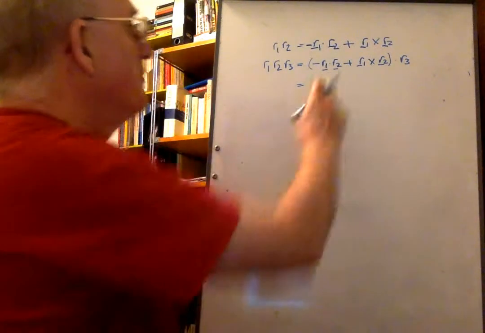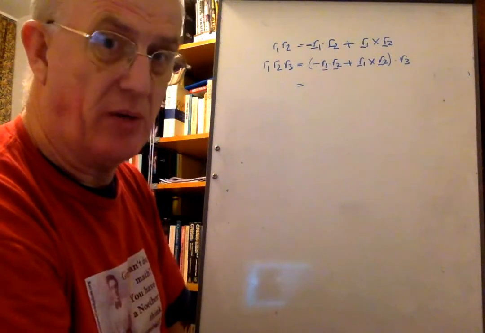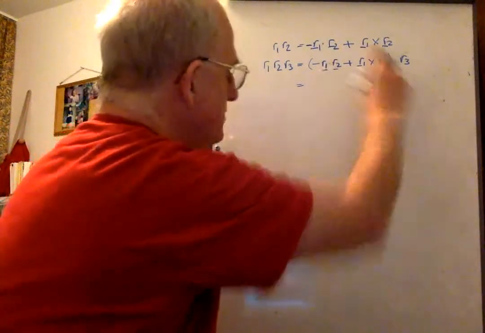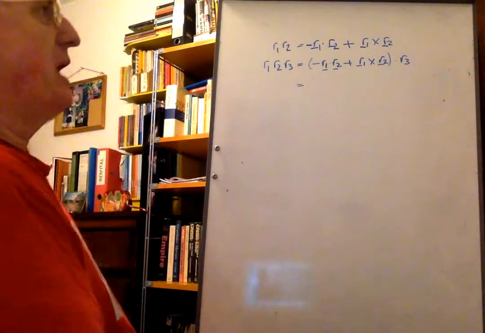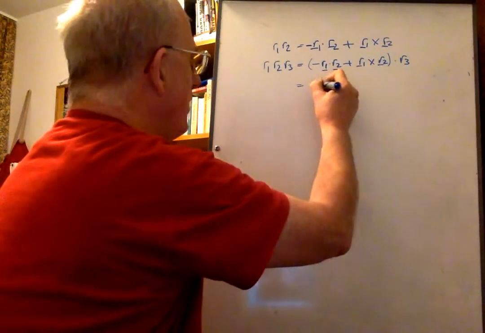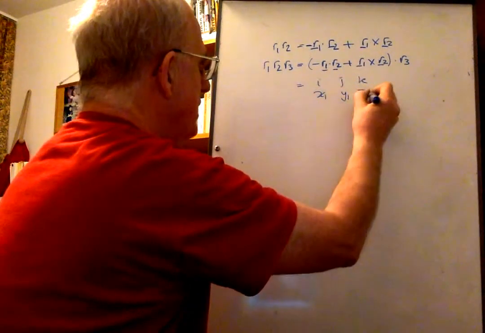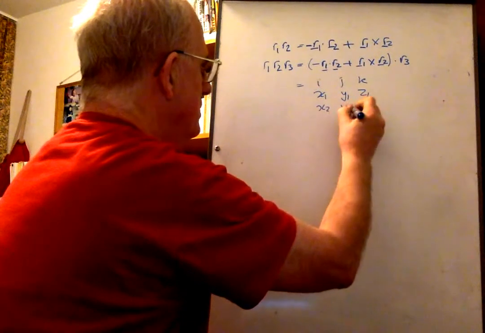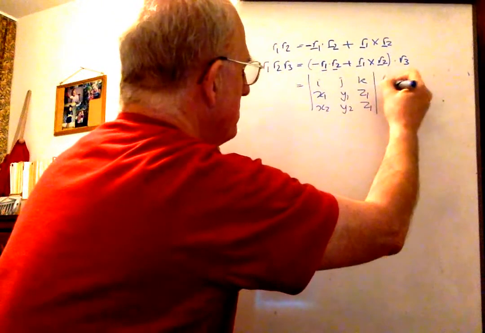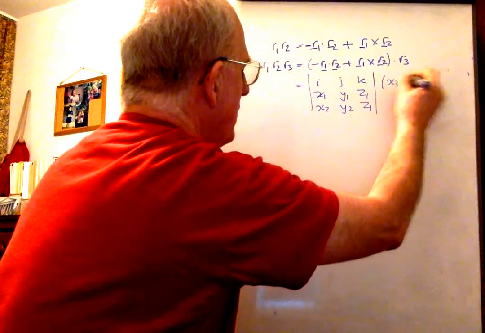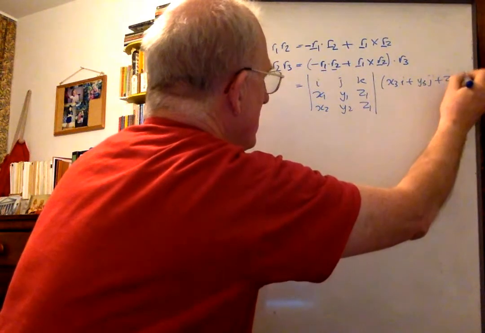Well, remember R3 is all imaginary, like R1 and R2. So that times that is going to be all imaginary because this is just a number. What are we going to get here? We've got i, j, k, x1, y1, z1, x2, y2, z2, that determinant times x3 i plus y3 j plus z3 k.